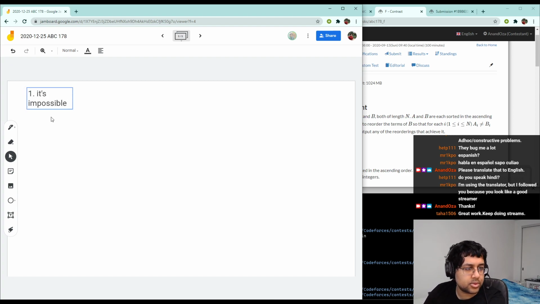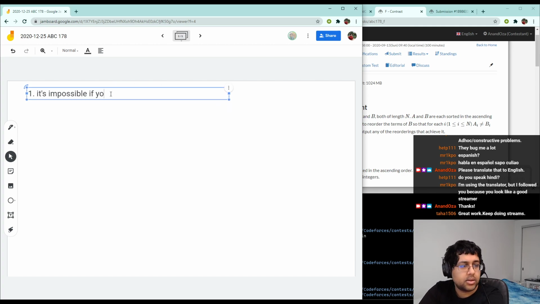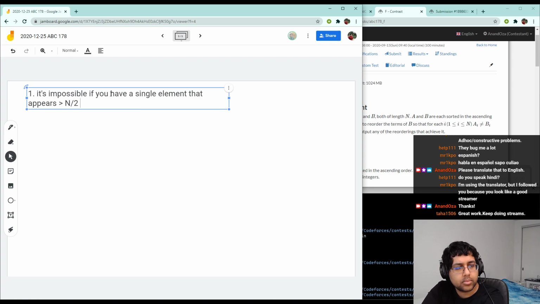It's impossible if you have a single element that appears more than n over 2 times in both arrays.